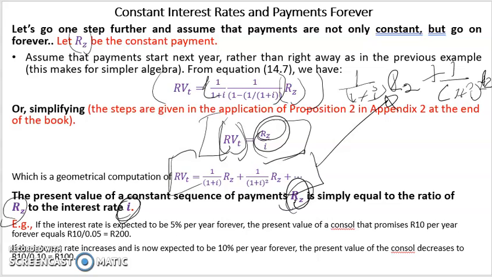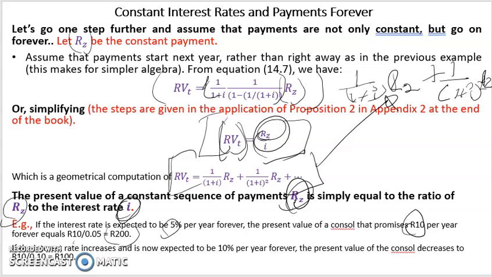If the interest rate is expected to be 5% per year forever, the present value of the console that promises 10 rand per year forever equals 10 rand divided by 0.05, which is the interest rate, which equals 200 rand today.